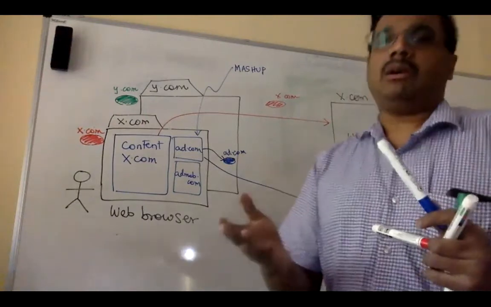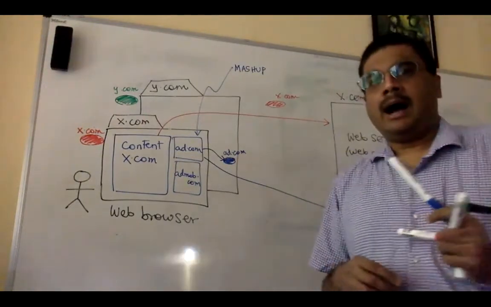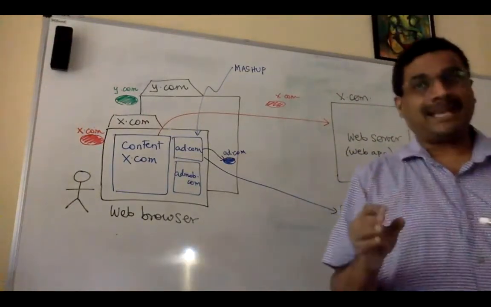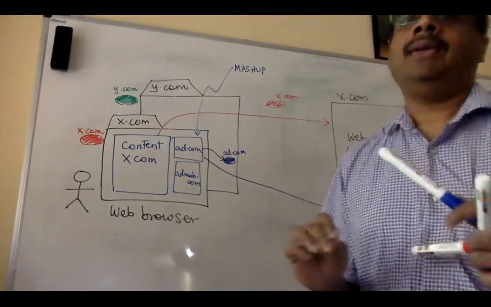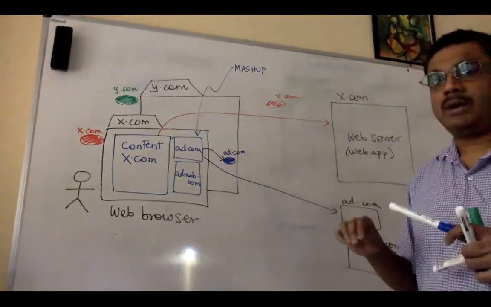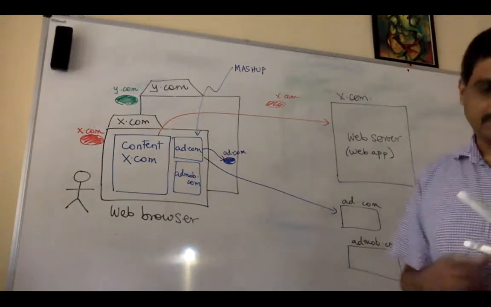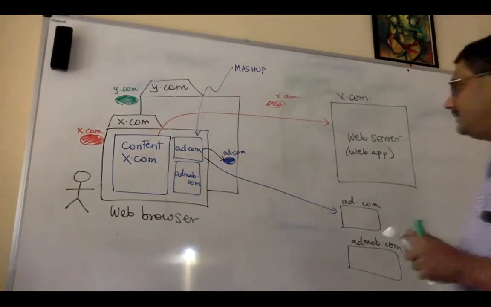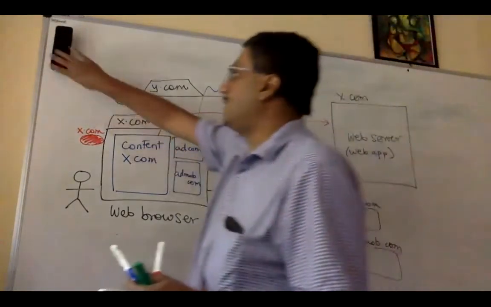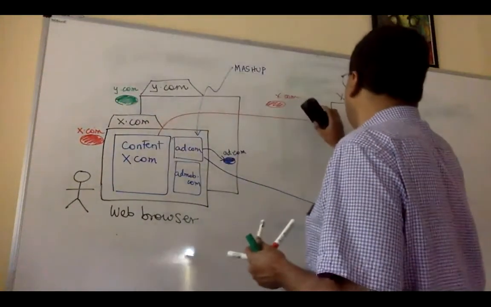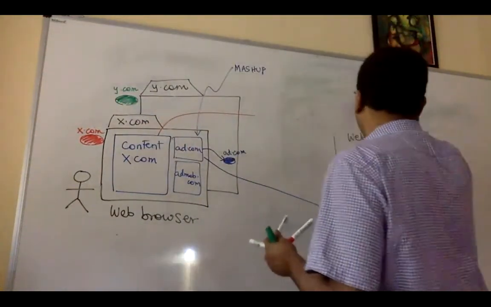So what we need to understand are the policies and the mechanisms that are in play in modern web browsers that enable this. I'm going to split the discussion into two parts, that of policy and that of mechanism. Let me just erase this part over here.